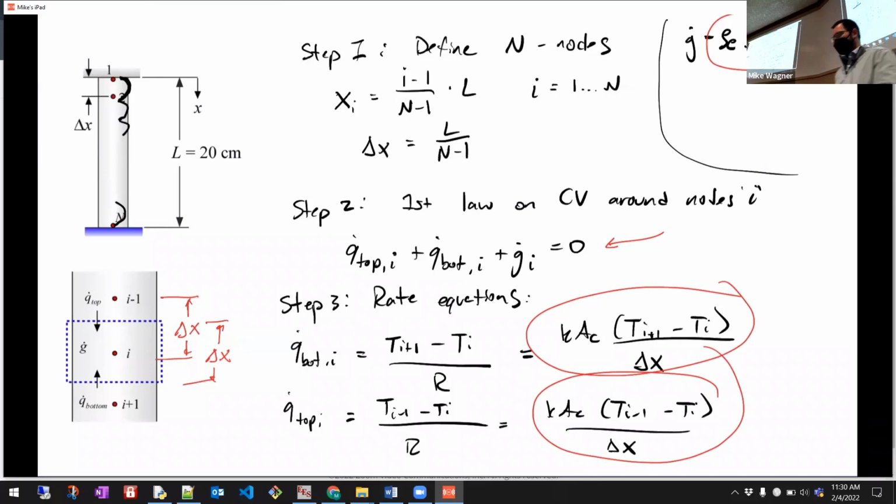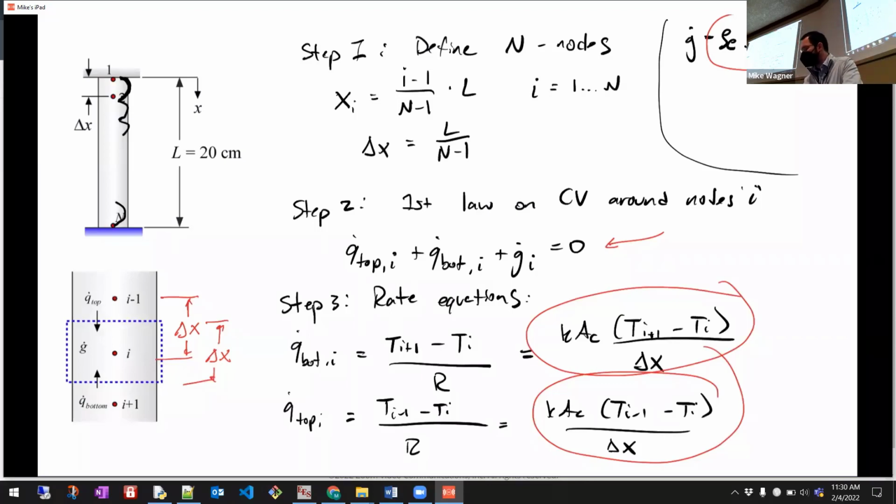You can repeat this process for every node, but we have to be a little bit careful, right? We can't do this process for the end nodes because the end nodes are a little bit different. They are not interacting in the same way as a middle node with its adjacent nodes, okay?